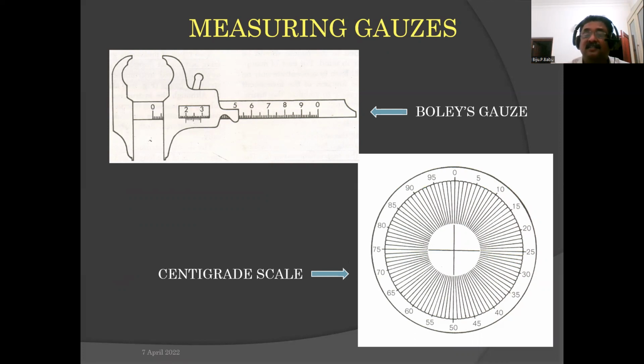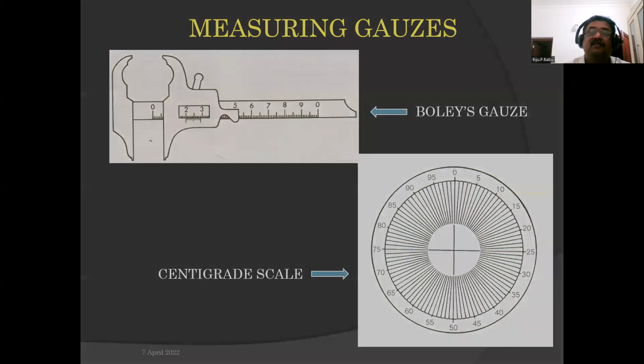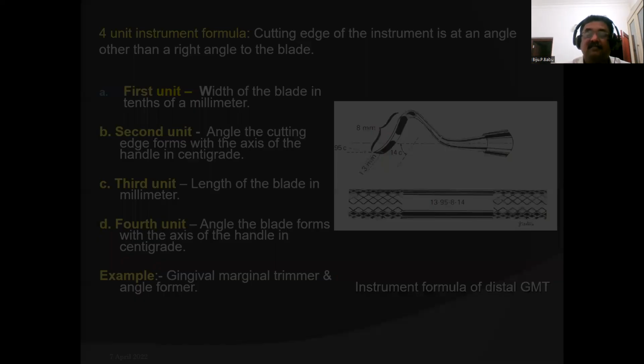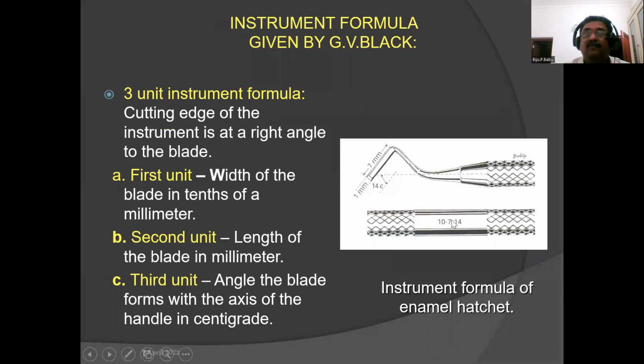A full circle is 360 degrees, but in centigrade, a full circle is 100 centigrade. So how you measure angles for a hand instrument is by centigrade. It is the percentage of a degree. So 14 tells you that the angle formed by the blade to the long axis of the handle is 14 centigrade.